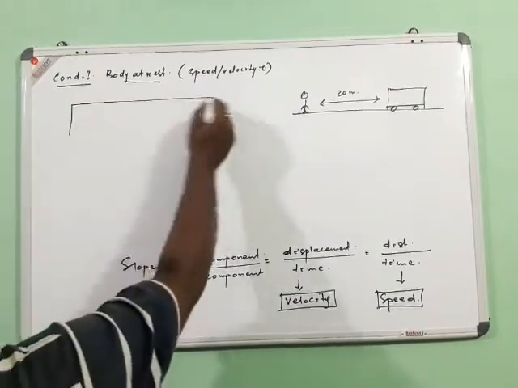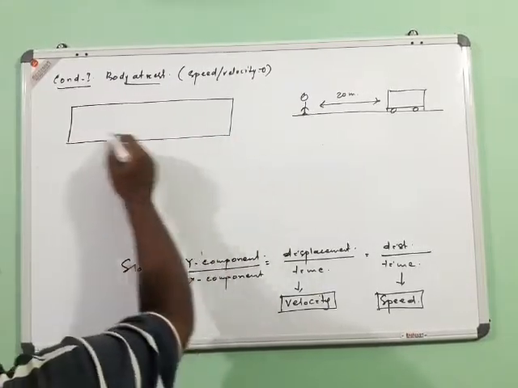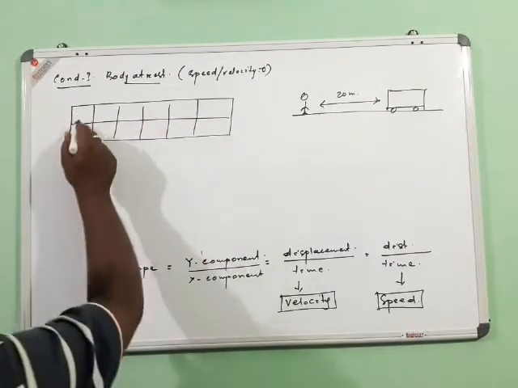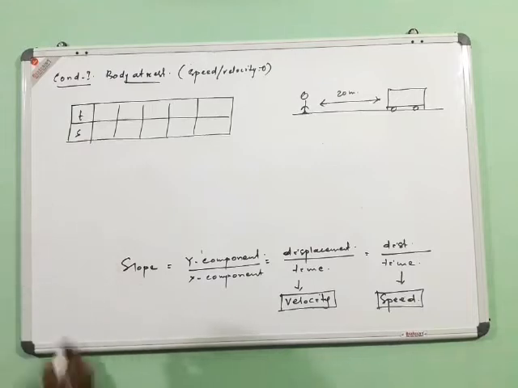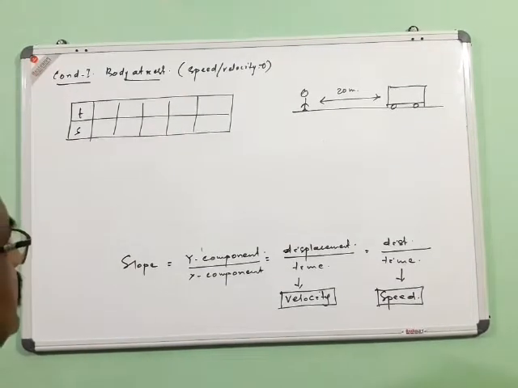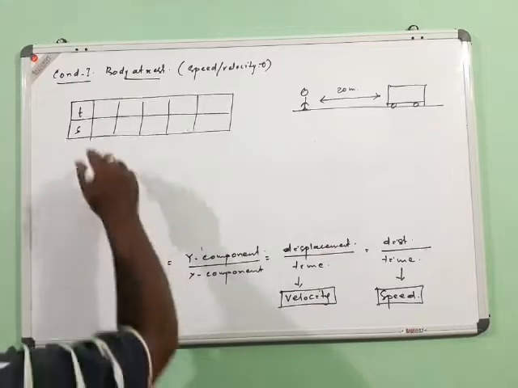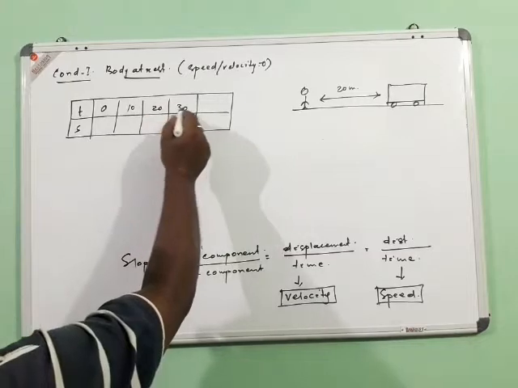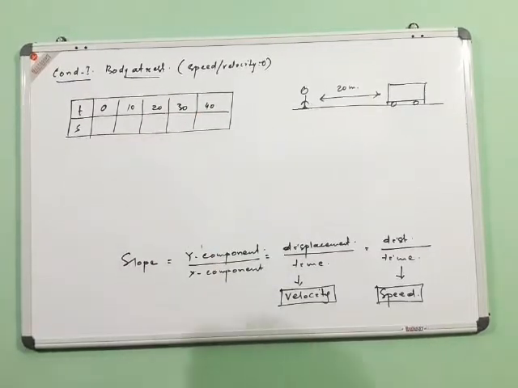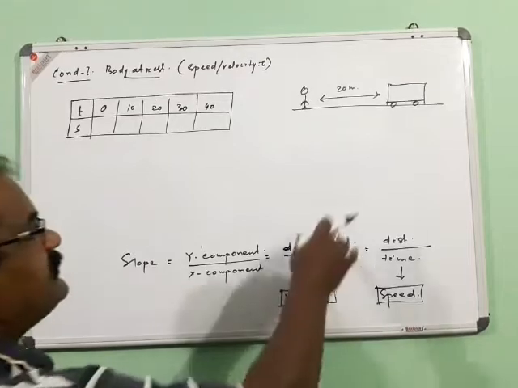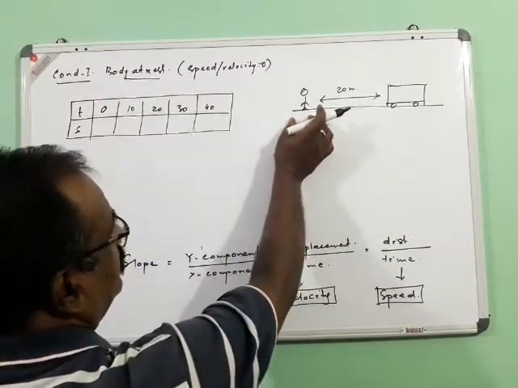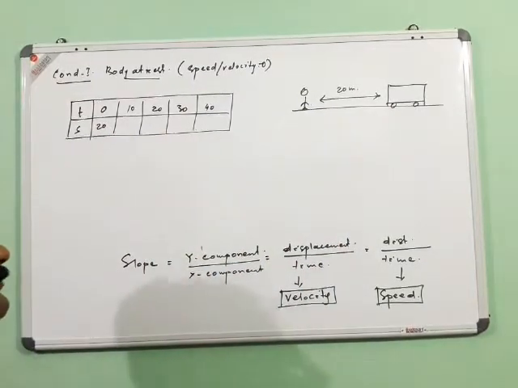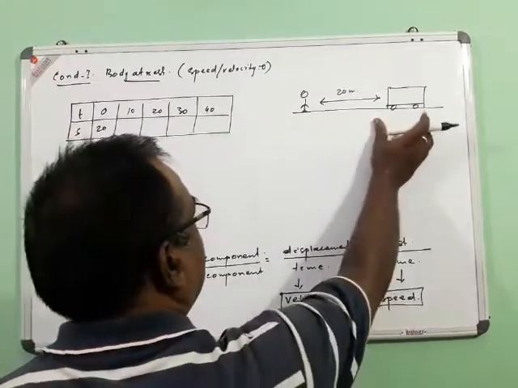If we represent that in a tabular form, we have t, that is time in seconds, and s, that is distance or displacement. At 0 second, 10 second, 20 second, 30 second, 40 second. Suppose when the body is at rest, the observer at 0 second found that it is at 20 meter. Again at 10 second he found that the body is still at 20 meter.